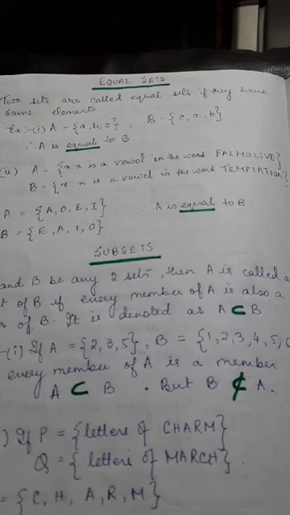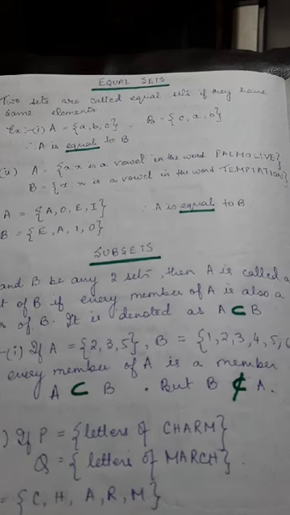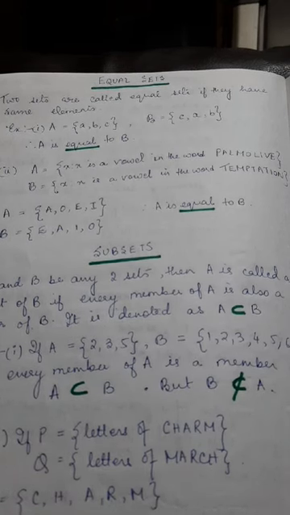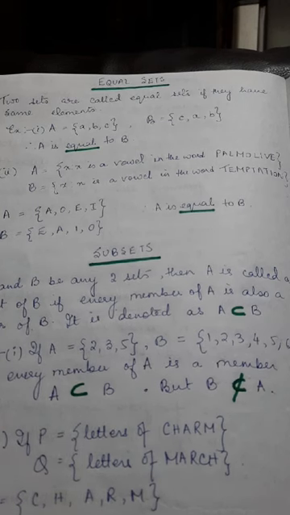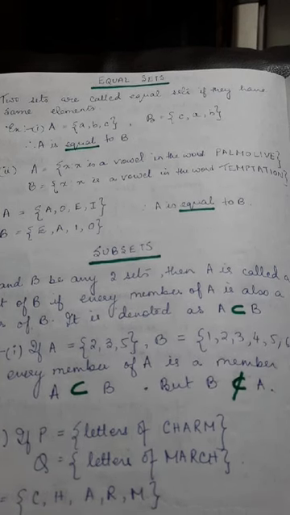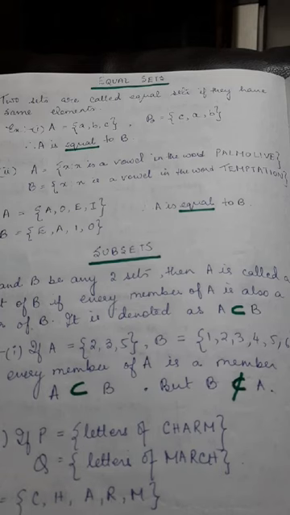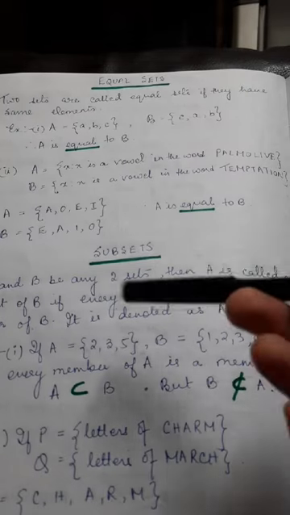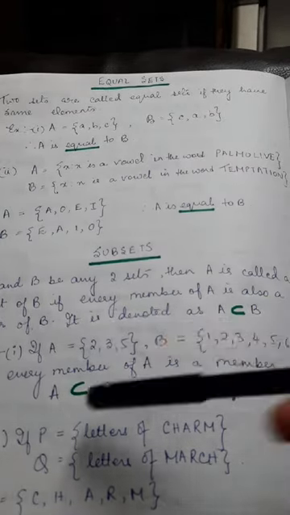The last portion of this chapter is subset. Students, finding subsets is very easy, but it is also very important to learn how to find a subset. If A and B are two sets, then A is called a subset of B if every member of A is also a member of B. Let me show you by means of an example, otherwise it will be difficult to understand.